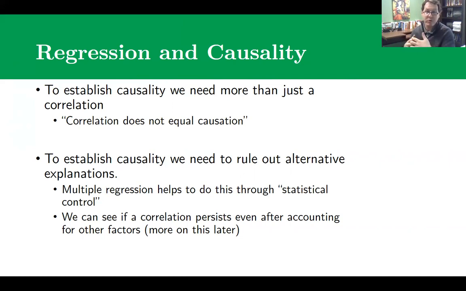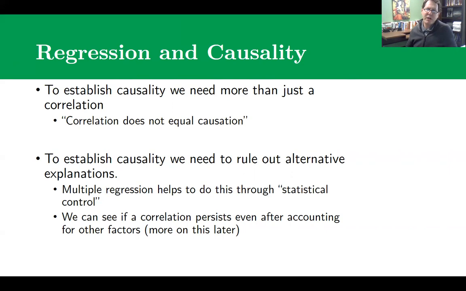And if a relationship that we're interested in continues to hold up when we've added in various possible explanations that might account for the pattern, that moves us in the direction of saying these things seem to be related in a way that's not just spurious, not just something else pushing them in the same direction. They seem to be connected in a way that we can't really explain other than maybe they're causally related.